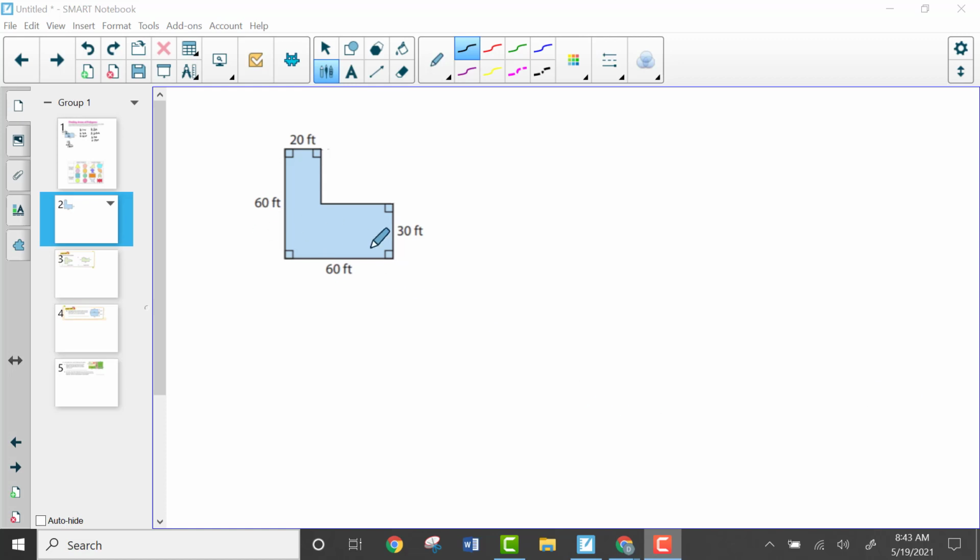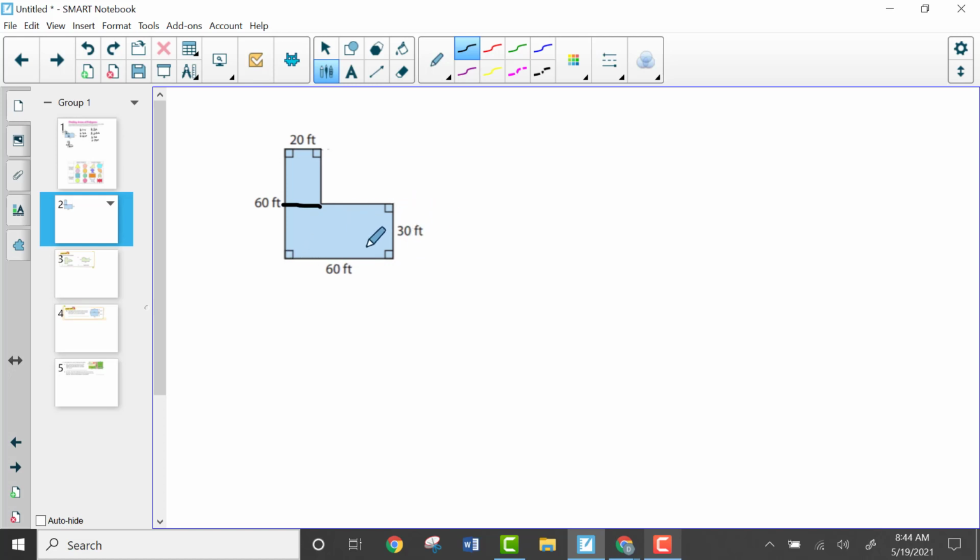What I like to do is find a way to break the shape into sections where I don't have to figure out every single measurement. If I take this shape and put a line right there, I can see I have a rectangle and then another rectangle. My rectangle down here, all the work is done for me.